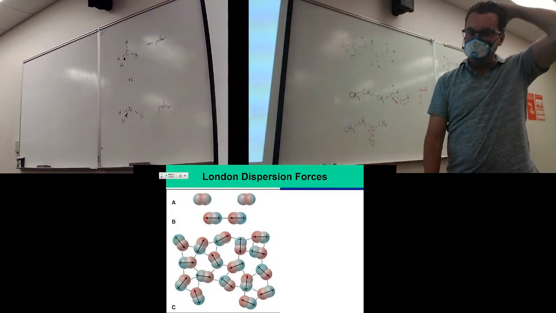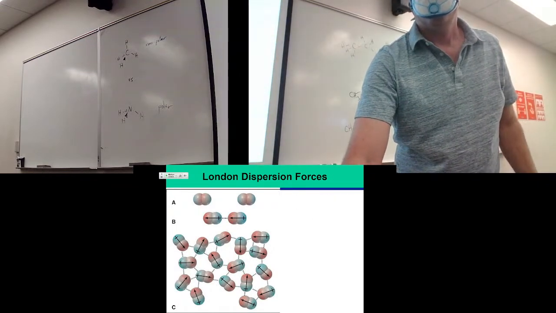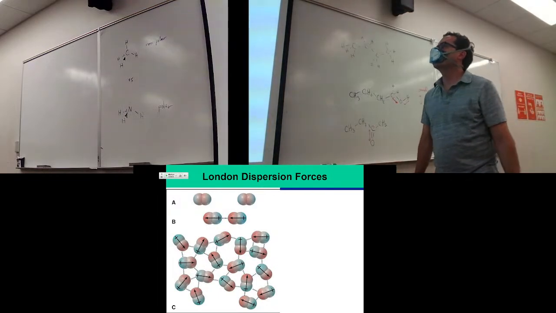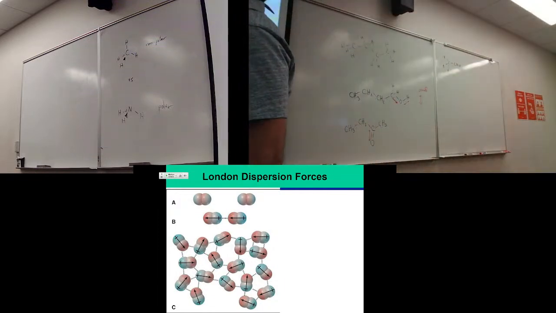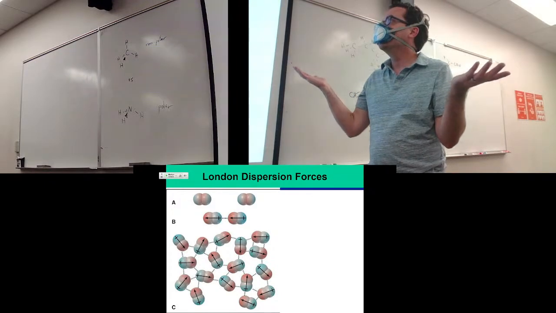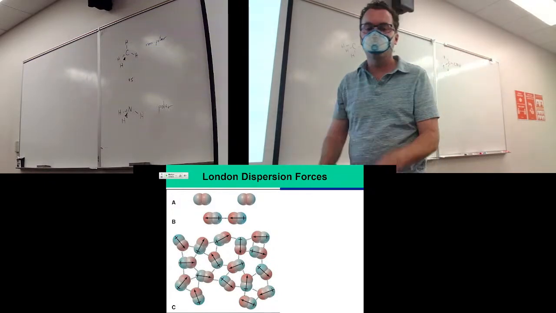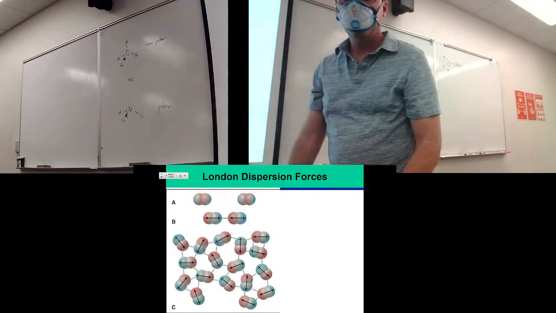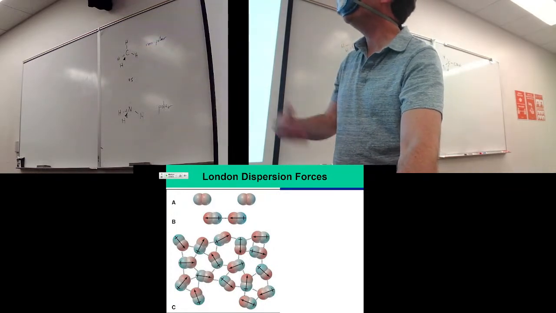I actually don't know what this question is. Okay, so it's not a question. So in A, you have two completely neutral molecules. Maybe H2, maybe Cl2, something. Two atoms stuck together in a covalent bond, and these two molecules are coming closer together. There's no attractive force between them because they're completely nonpolar.